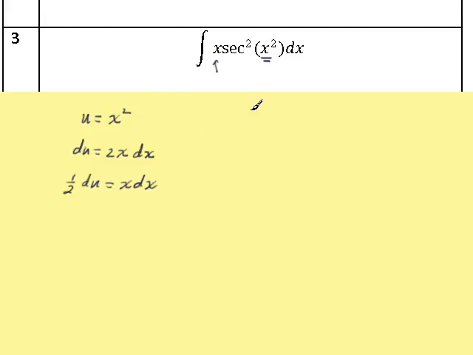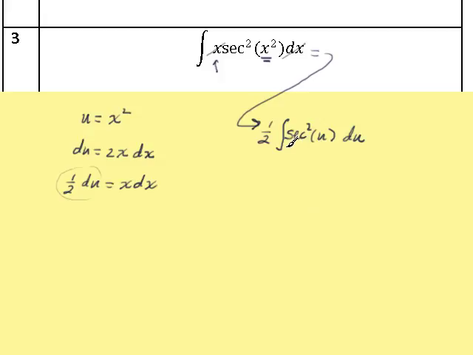Using this, we're going to start substituting. For x dx, we're going to put 1/2 du. We'll put the 1/2 on the outside. So we got rid of x dx with that substitution. Now for secant squared of x squared, we're going to write secant squared, and instead of x squared, we're going to put u.